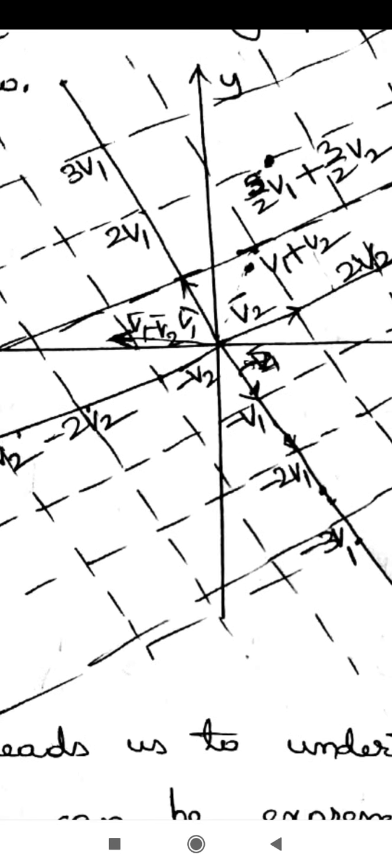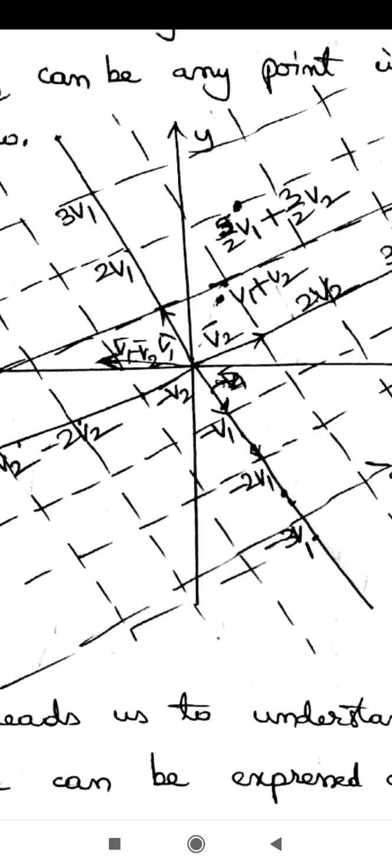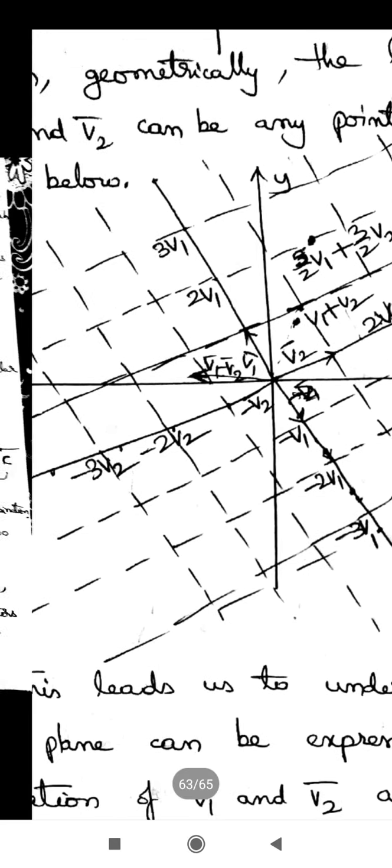At that point we can see the vector, it is 3 by 2 times v1 plus 3 by 2 times v2, because it is of the length 3 by 2 v2. It connects to the 3 by 2 v2 point, and it connects to the 3 by 2 of v1 on the other side. So that is how that point, when connected to origin, may represent the linear combination or sum of the vectors 3 by 2 v1 plus 3 by 2 v2.